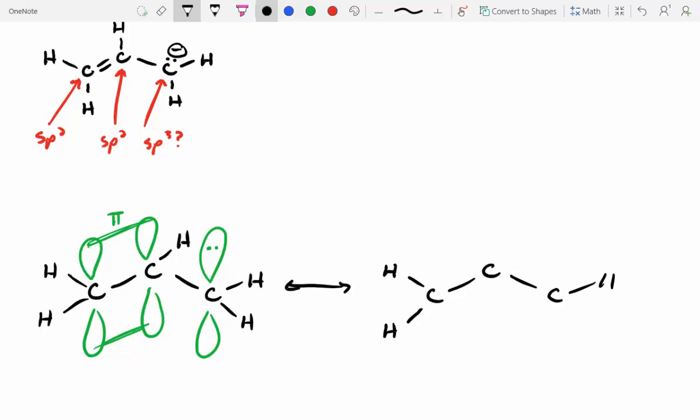Should the double bond still be drawn? I'm trying to show that pi bond through the orbitals. So yes, you're correct. This is a double bond because we've got a sigma and a pi. But it's implied because of the pi.